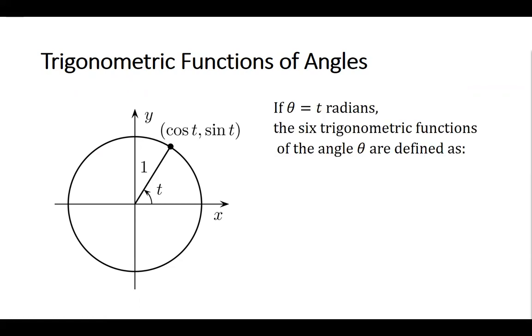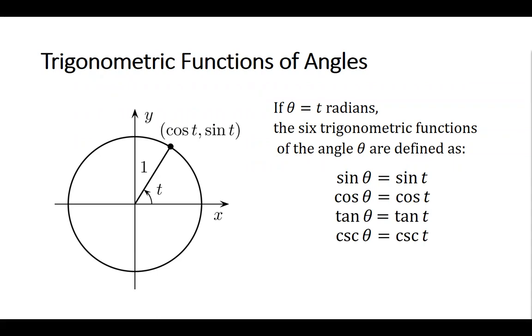So if theta is equal to t radians, so basically if we're measuring theta in radians, the 6 trigonometric functions of the angle theta are as defined. Sine theta is equal to sine t, cosine theta is equal to cosine t, tangent theta, tangent t, cosecant theta, cosecant t, secant theta, secant t, cotangent theta, cotangent t.